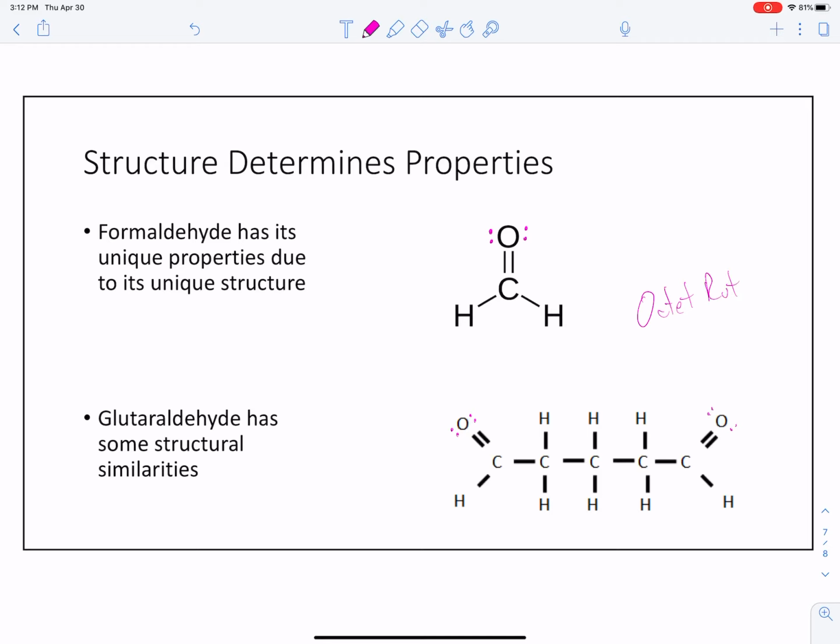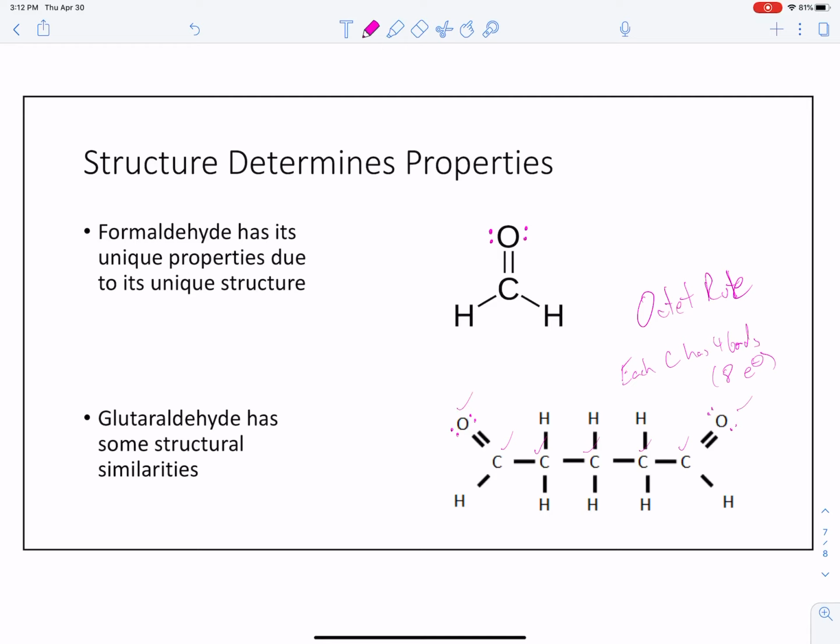Because now we see that each carbon has 4 bonds. And because each carbon has 4 bonds, we know that that means it has 8 electrons. And if it has 8 electrons, then that means this thing and this thing and this thing and this thing and this thing are all in good shape.